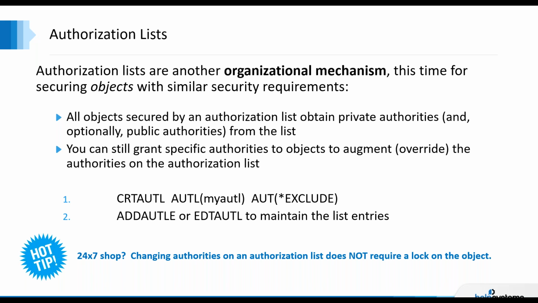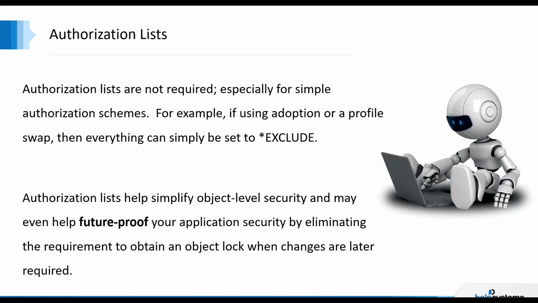So even on a small application, with the possibility that it may need changes or may grow into a big application, I'm a big fan of setting up authorization lists right from the get-go. You don't have to use them. This is an optional thing. It just makes your life easier. Like I said, I'm a big fan. I've used them from a long time ago and continue to use them today. I've got down here in the second paragraph that it may help future-proof your application.